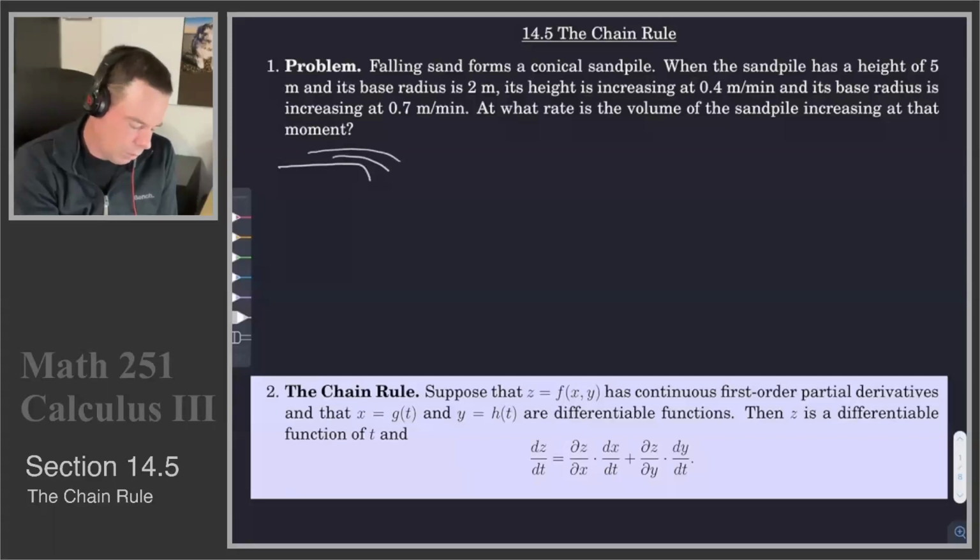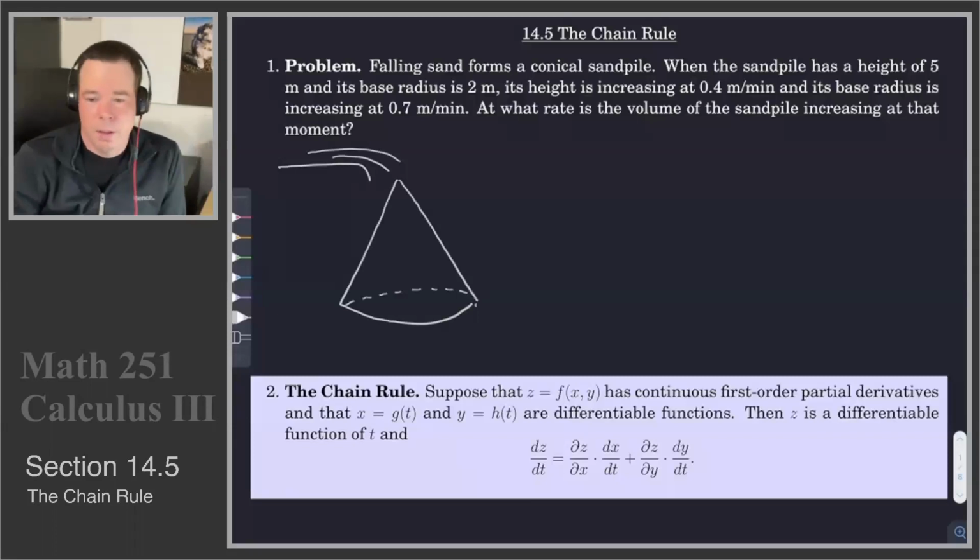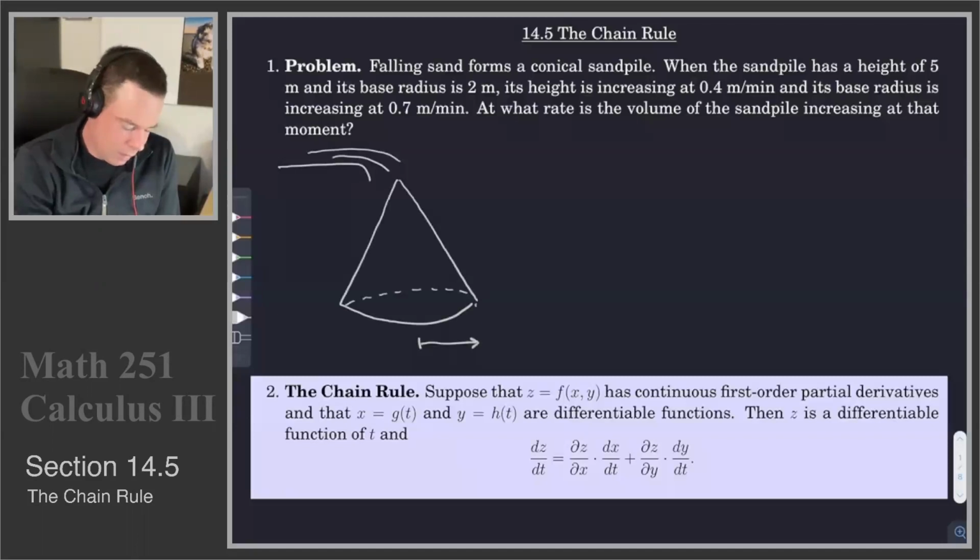So here's the idea. We've got some sand that's being poured, I can imagine, off of a conveyor belt onto the top of a pile. As the sand falls onto this pile, it forms a cone. Both the height and the base radius of the cone will change over time, as more sand gets piled on.